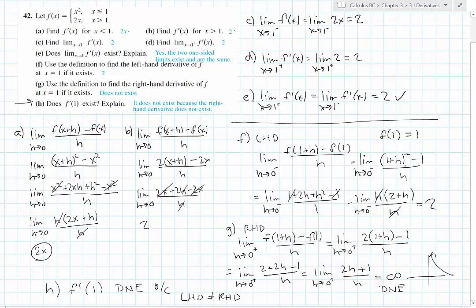What went on here? Well, what went on here is the fact that there's a discontinuity in this function, and the derivative approaching infinity happens because of that discontinuity.